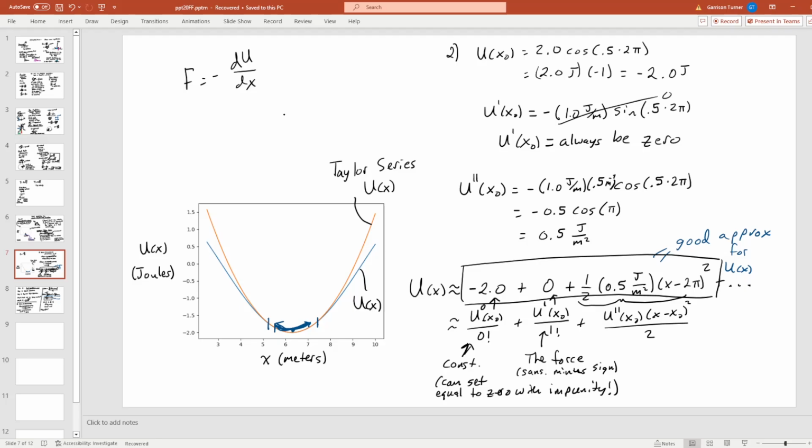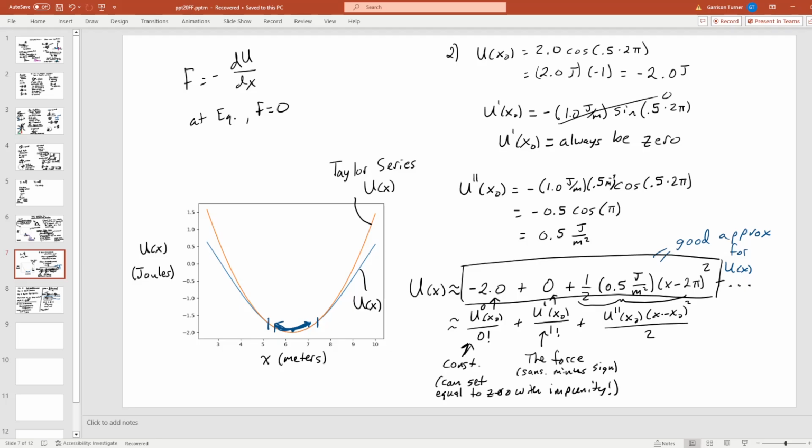But the entire idea is at equilibrium, the force is equal to 0. So whether you want to view this term as being 0 because it's the derivative evaluated where the slope is 0, that's the mathematical way of viewing it, or from the physics point of view, at equilibrium, the force must be 0, this term drops out.